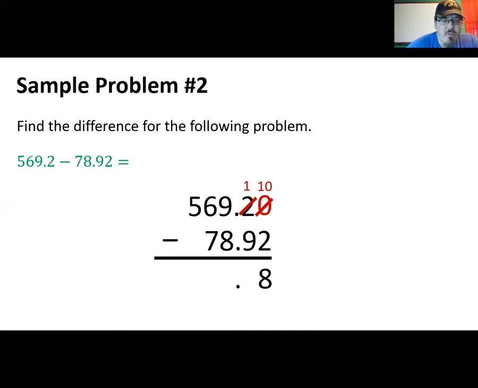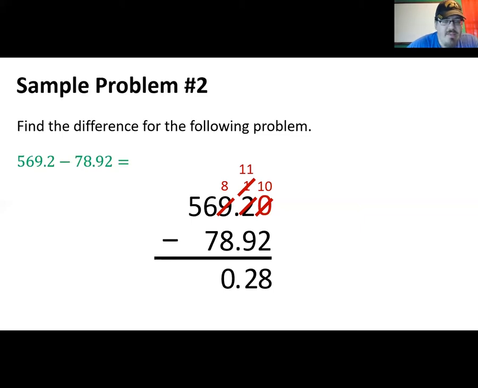Moving from right to left, we're going to try taking 9 away from 1. Again, we can't do that, so we need to borrow. So the 9 becomes an 8, the 1 becomes an 11, and now I can subtract. 11 minus 9 is 2. Continuing on to the left, 8 minus 8 we get 0.